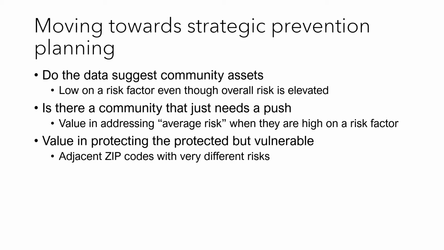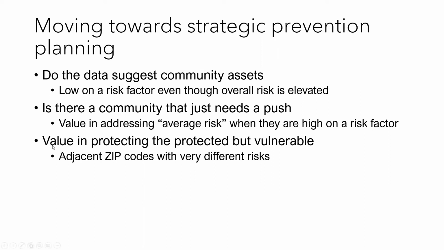There is value in addressing average risk when they are high on certain risk factors, because you don't know if that risk factor one day is going to push that community from average risk into above average risk. So there is value in doing less intense resources and population level prevention programming in these communities that really just need a push, whose risk is average, and we want to push them below average.